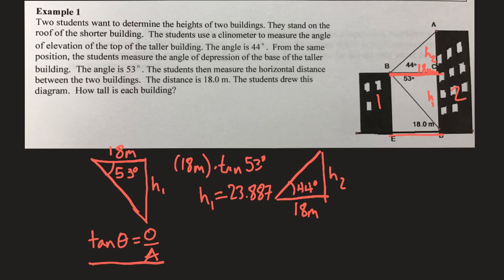So we get the adjacent times tangent of theta is equal to our opposite, which I'm going to rewrite as 18 meters times our tangent of 44 degrees is equal to H2. So H2 is 17.382.